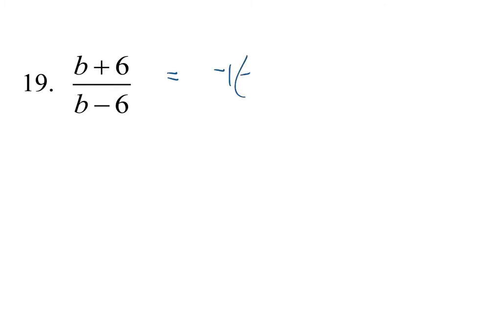That would be negative b minus 6 all over b minus 6. Anyway, the negative b minus 6 doesn't cancel with the b minus 6. They both have a negative 6, yes, but one's a negative b and one's a positive b. So this one does not simplify.